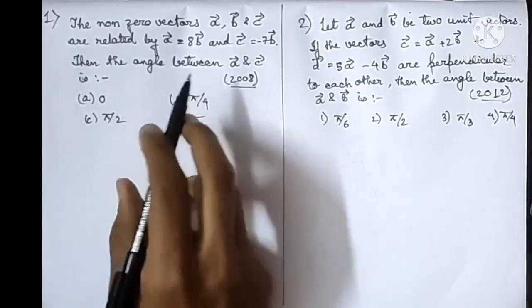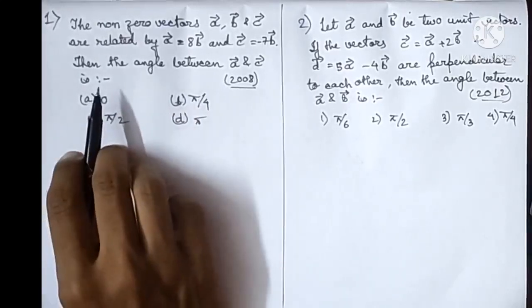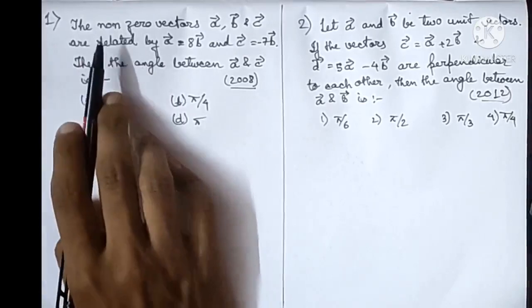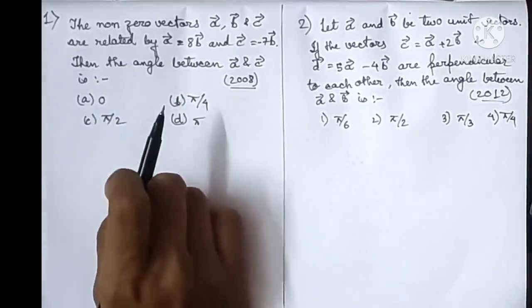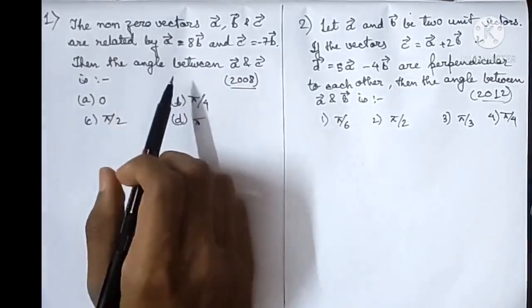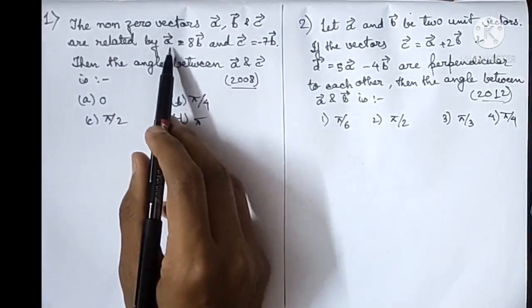This is quite an easy question, and it was also given in 2008 in a competitive exam, so it is quite related to us also. See, here we have to find the angle between a and c.